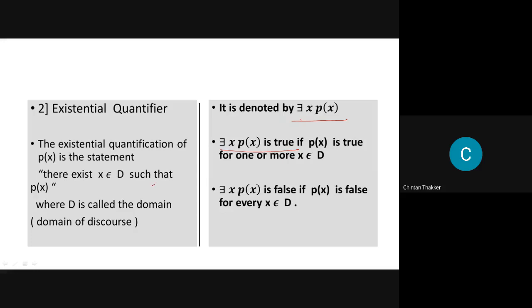So we have taken the first example that P of x equal to x plus 3 equal to 0.